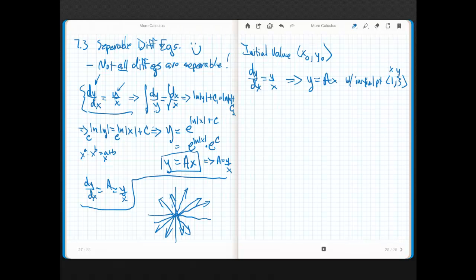That's an x, that's a y. Wherever you see an x, stick a 1. Wherever you see a y, stick a 3. Guess what a is? Well, 3 equals a times 1. So a equals 3, which implies that y equals 3x. Easy. Nothing to it.